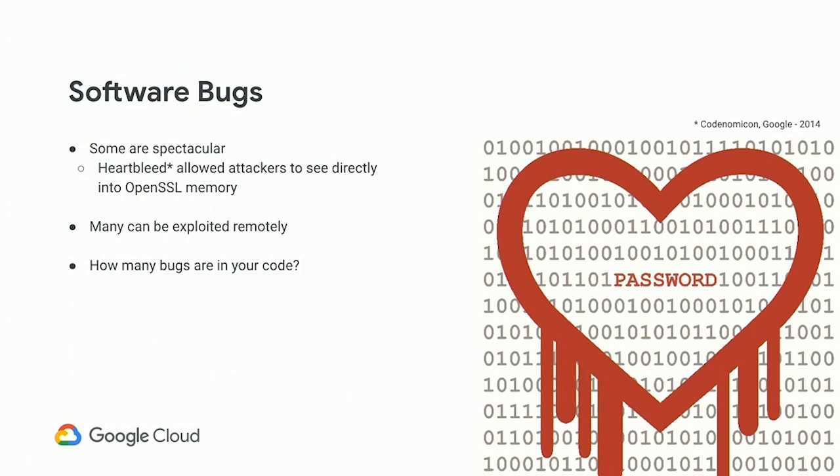algorithms. So if the keys are there, and we mentioned that the keys are the things that need to remain secret, then we need to make sure that nothing in the system can leak out those keys. And Heartbleed, which was documented by Google back in 2014, is an OpenSSL bug that allowed hackers to have direct access to the memory of the OpenSSL server.